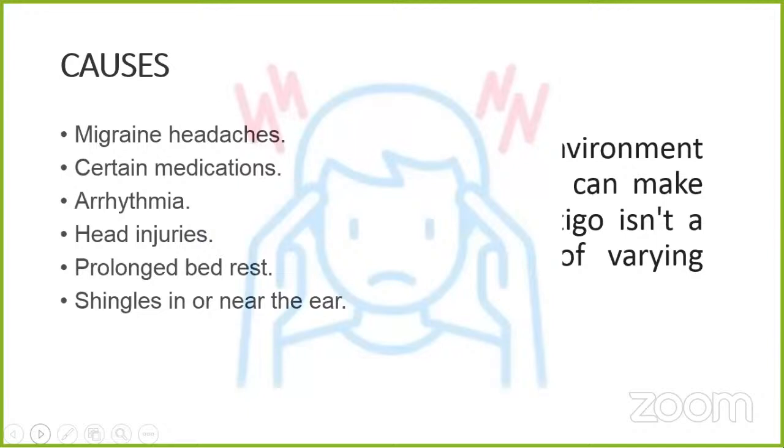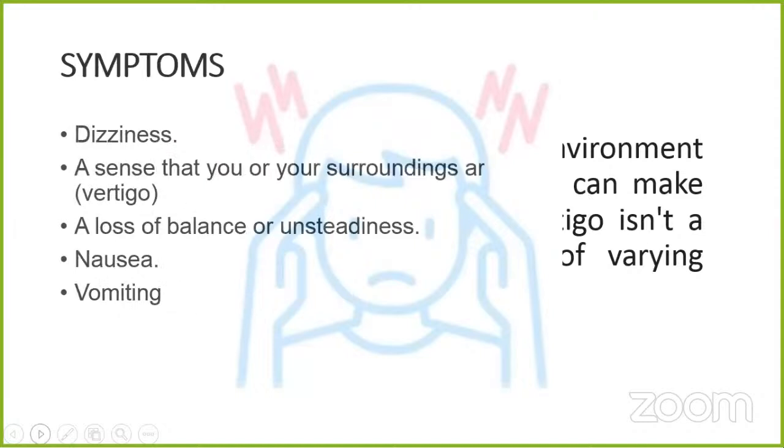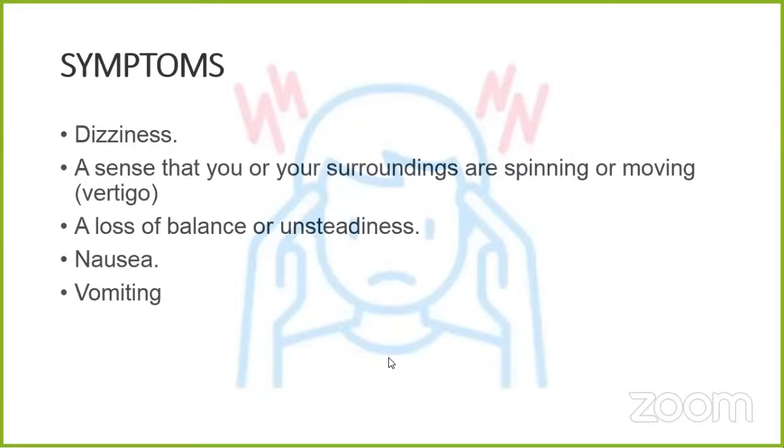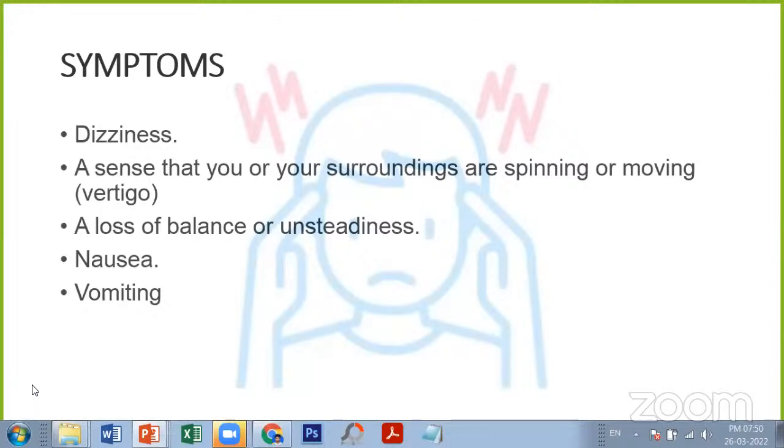We just saw migraine, so migraine could lead to vertigo, and sometimes it could be head injuries and other factors like arrhythmia. Symptoms are dizziness, like the room is spinning, loss of balance, and nausea, vomiting. Even in migraine, the vomiting or nausea sensation could be there as a symptom, same as in vertigo.